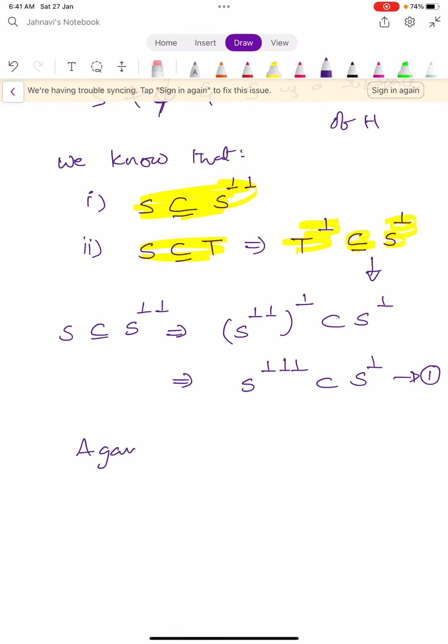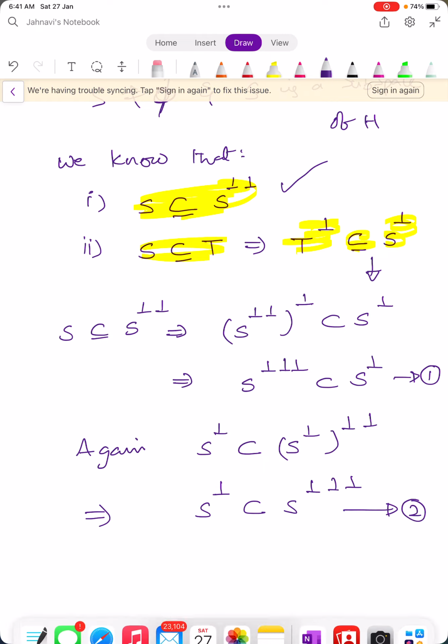Again, S perpendicular is a subset of S perpendicular whole double perpendicular, by the first property, which implies S perpendicular is a subset of S triple perpendicular, equation number 2.